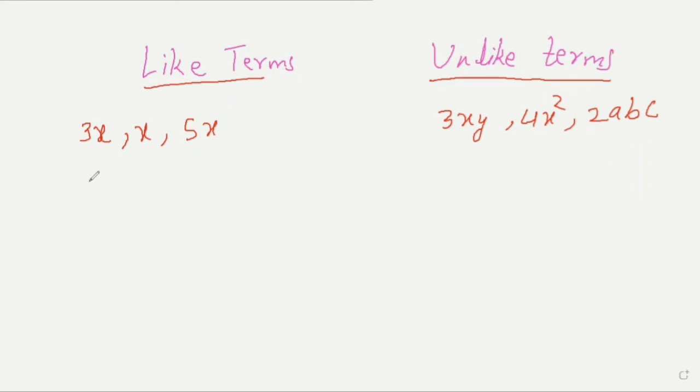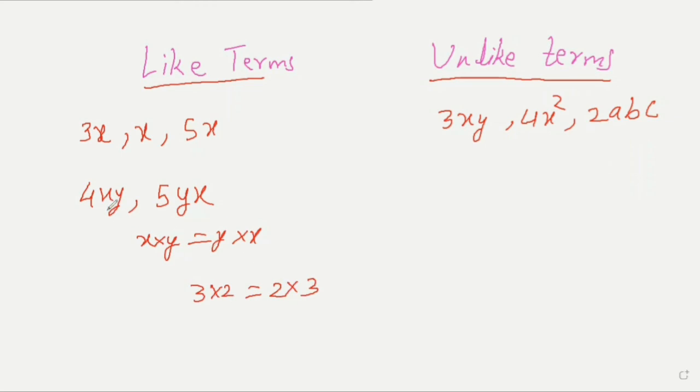But if I write here 4xy and then 5yx, these are again like terms, because x into y is the same as y into x, just as 3 into 2 is the same as 2 into 3. So 4xy and 5yx are also called like terms.